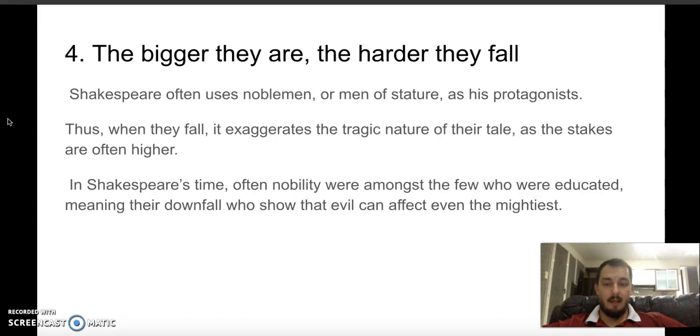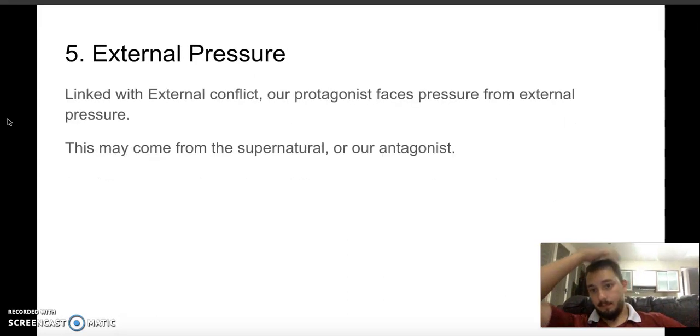The bigger they are, the harder they fall. It's very noticeable that Shakespeare often uses noblemen or men of stature as his protagonists. So when they fall, it exaggerates the tragic nature of their tale. The stakes are much higher. And remember that in Shakespeare's time, nobility were often amongst the few who were educated, so their downfall can show that evil can affect even the mightiest.